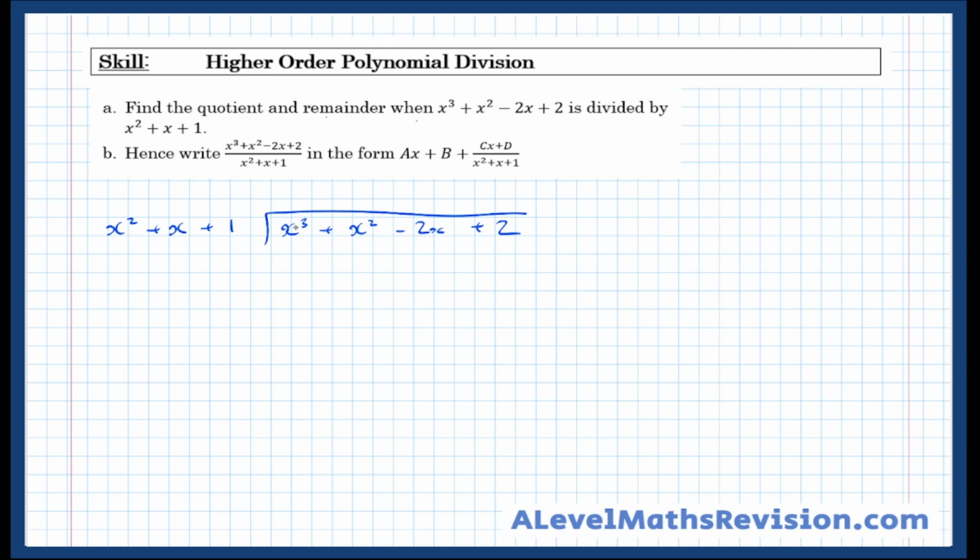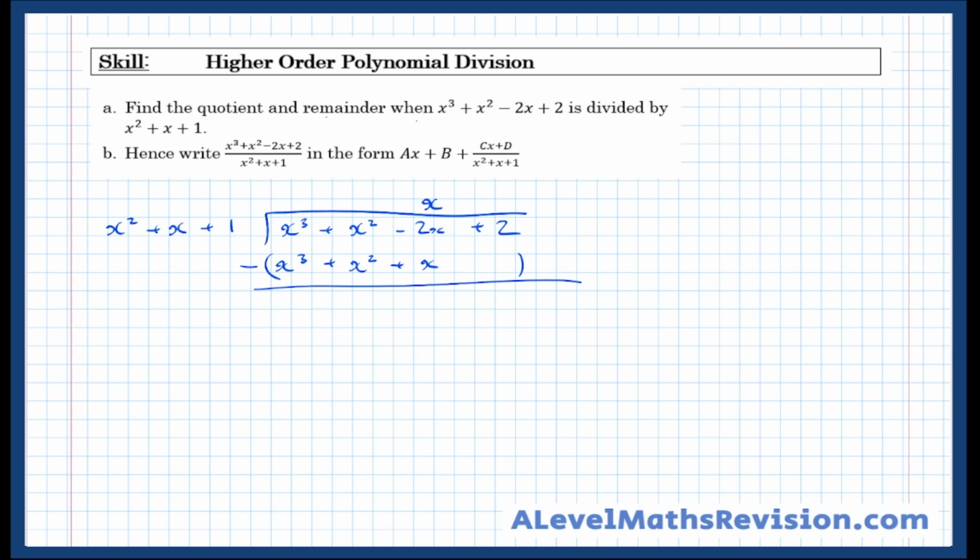So x squared into x cubed, we multiply by x to get from x squared to x cubed, and multiply x by what we're dividing by. So we get x cubed plus x squared plus x, and then we subtract, just like we did for linear factors.